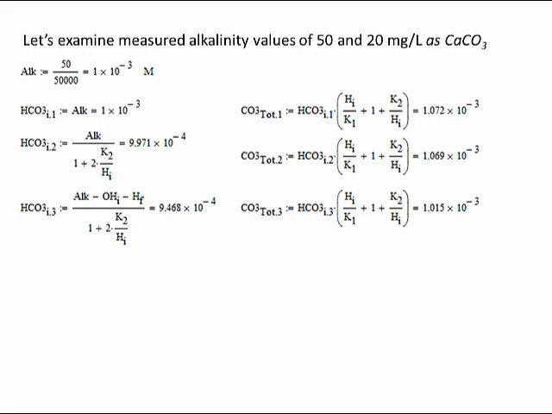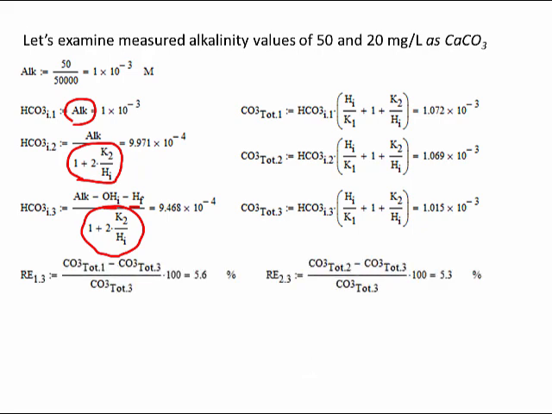We have the first approximation omitting carbonate, hydroxide, and final hydrogen ion concentration. We have the second approximation omitting only the hydroxide and the final hydrogen ion concentration. And of course we have what we'll consider the true value, which includes the hydroxide, the final hydrogen ion concentration, and both bicarbonate and carbonate.